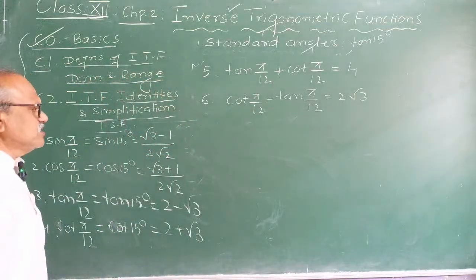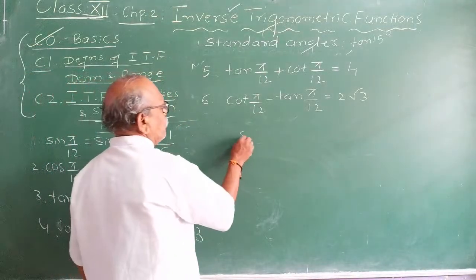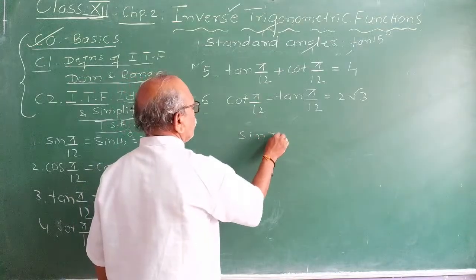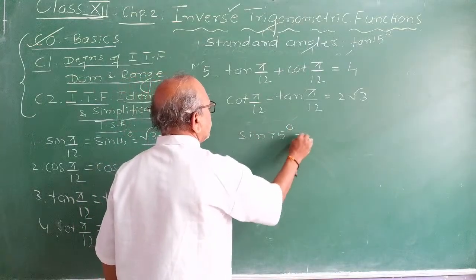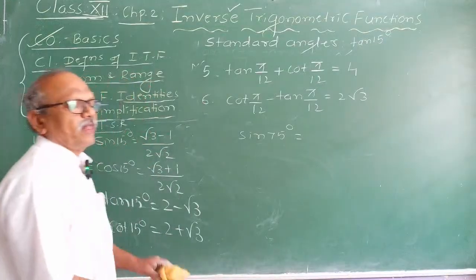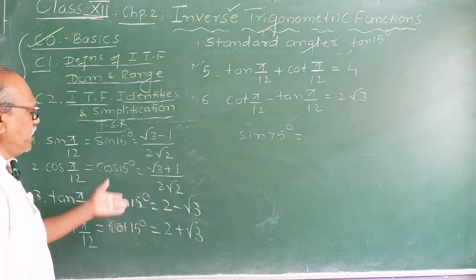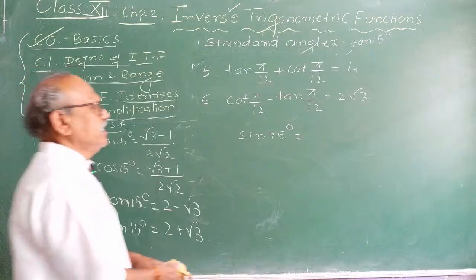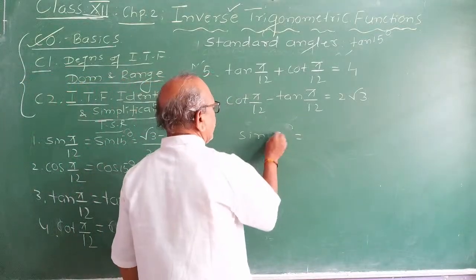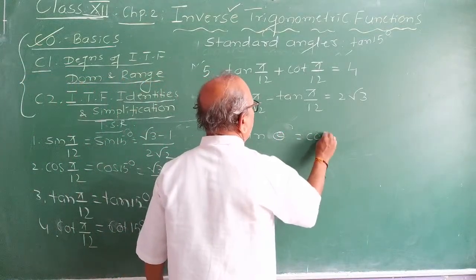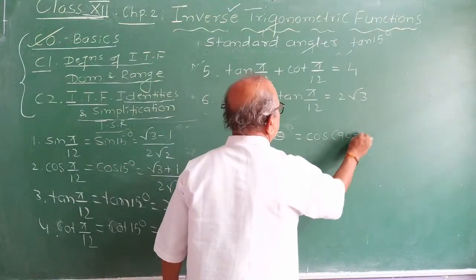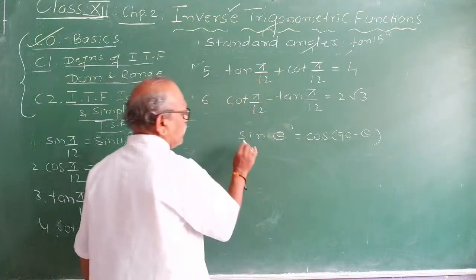Now the question is 75 degree. Observe, I am asked to prove sine 75 degree. Now 75 degree is a complementary angle of what? 15 degree. Therefore, you know that the complementary angle is given by sine theta equals cos 90 minus theta. Co-ratio.